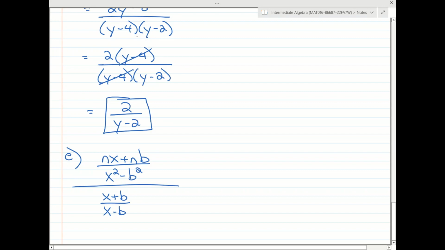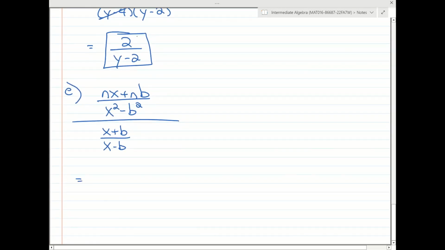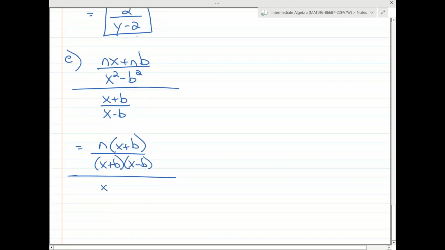In order to figure out the least common denominator, we have to factor. So what we wind up with is, we could just take an n out of the top, we get x plus b. The bottom is x plus b times x minus b. It's the difference of perfect squares. And the bottom is still x plus b over x minus b.